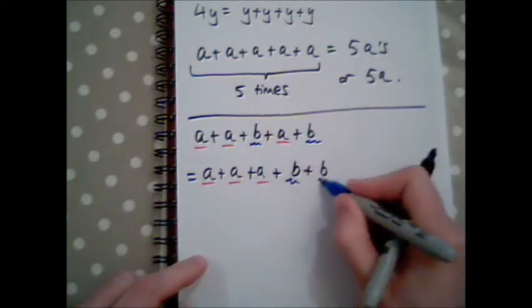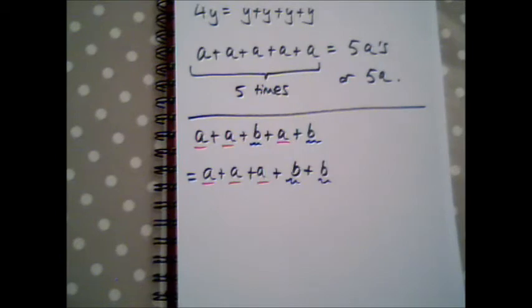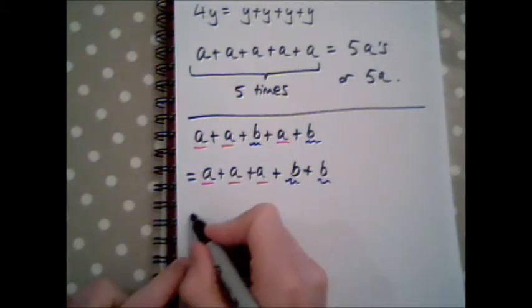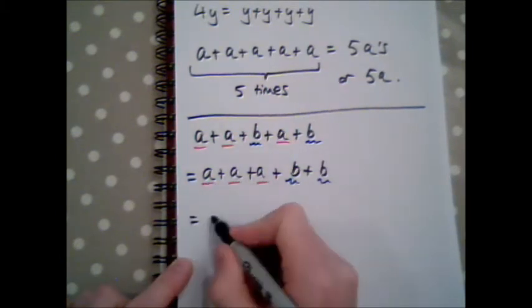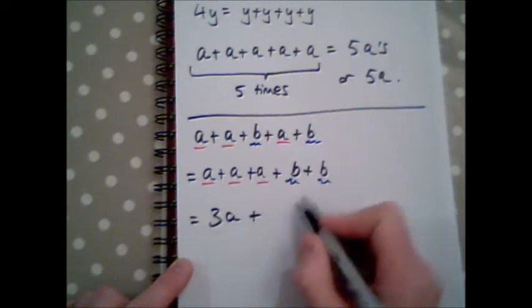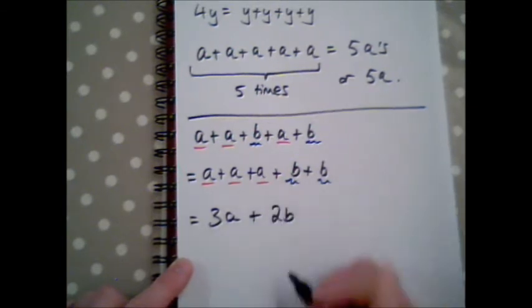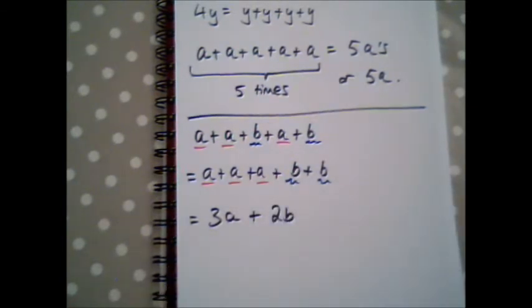And everything's being added together. So now when I put these together at the end, I have 1, 2, 3 a's, so 3a plus 2 b's, 2b. Now that is not the same as 5 times anything. Okay, we have to keep the letters separate.